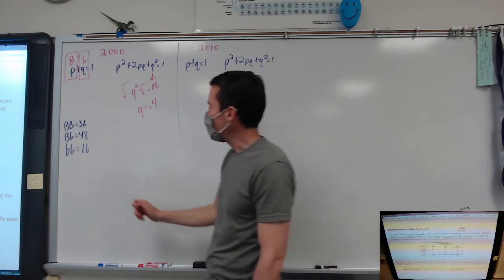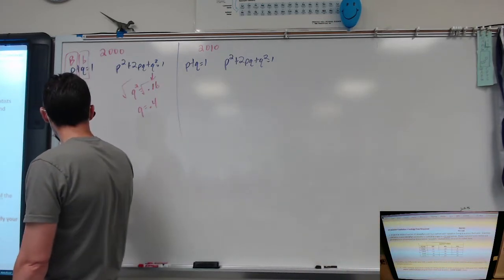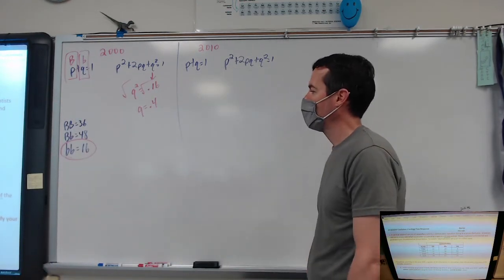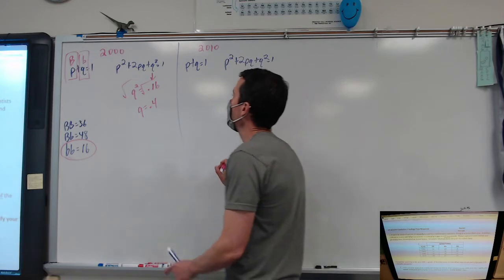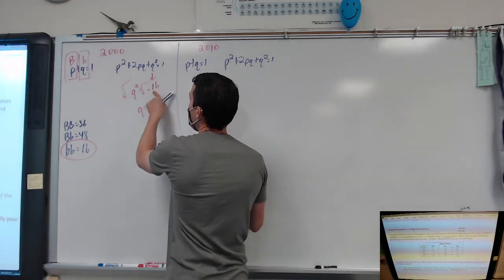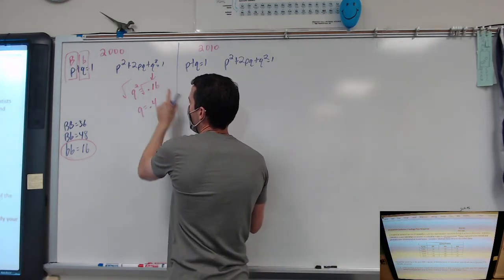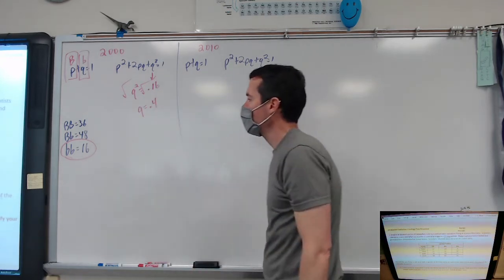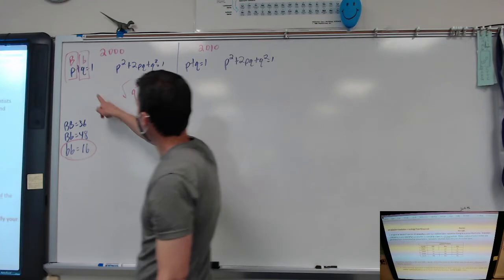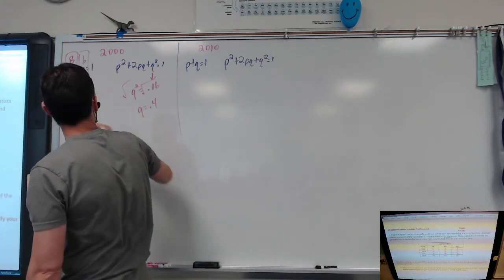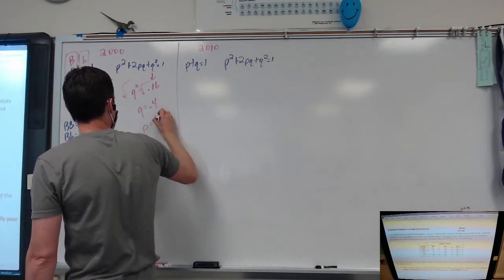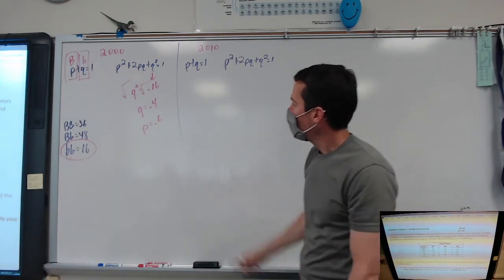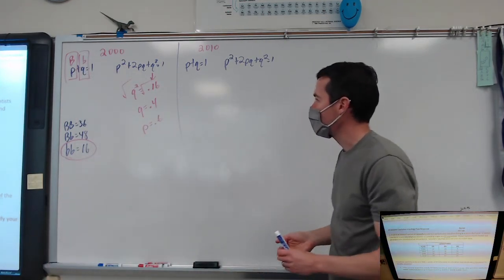I know that because they gave me little b as 16, so q² is 0.16, and that means q is 0.4. If q is 0.4, then q + p has to equal 1, so p is 0.6. So in 2000, q was 0.4 and p was 0.6.